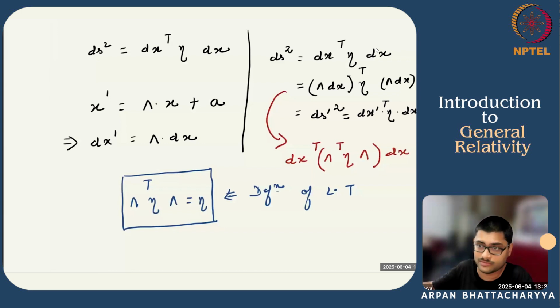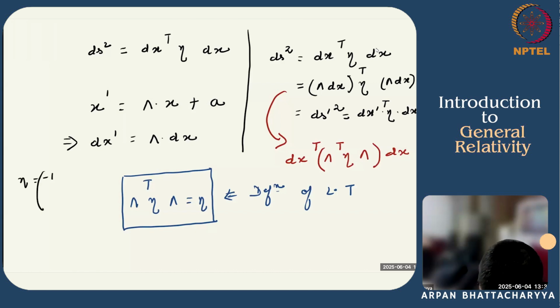Okay. So if you look at it closely, if eta had all entries plus 1, it would have been just the identity matrix. Then Lambda would have been just an orthogonal matrix. But remember, the first entry of eta is -1. So eta is -1, 1, 1, 1.